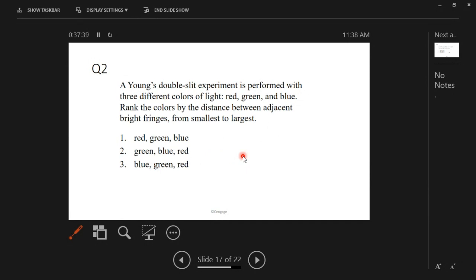The only thing which is different between red, green, and blue is their wavelength. Let me remind you that if you remember from the spectrum, the red light had the longest wavelength, while the blue one had the shortest. Of course, violet actually had the shortest, but violet is not here, so that means blue is going to have the shortest wavelength.